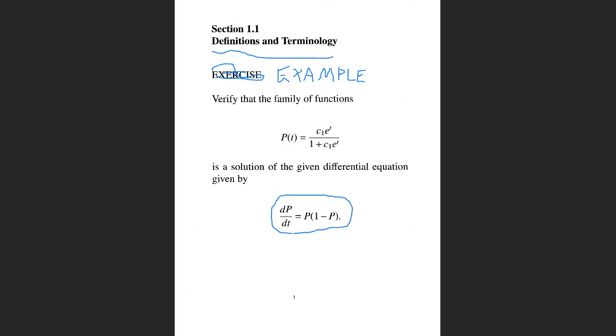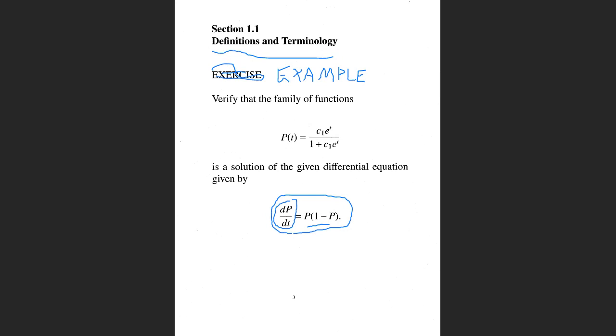Yeah, we sometimes call it a logistic model. Yes, logistic, it has a carrying capacity. In other words, you're modeling the growth of a population with respect to time. That's dP/dt, and that equals P times (1 minus P).